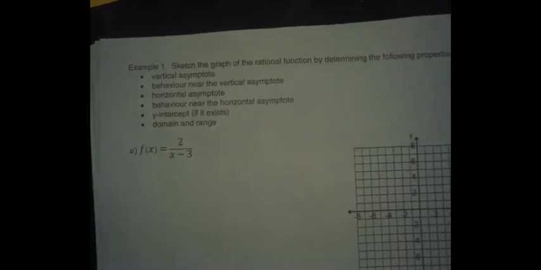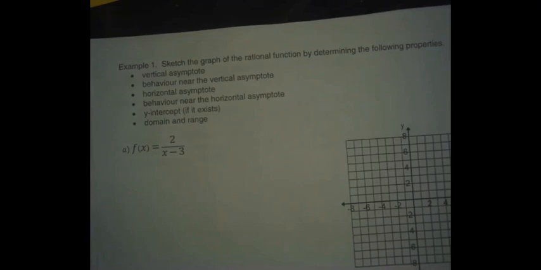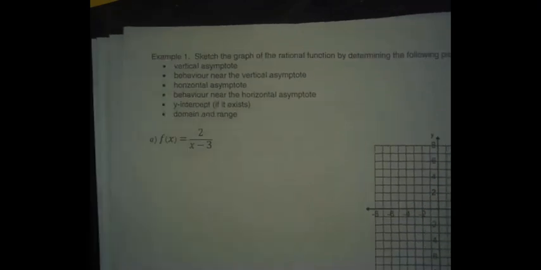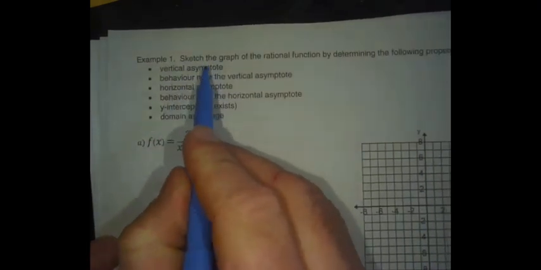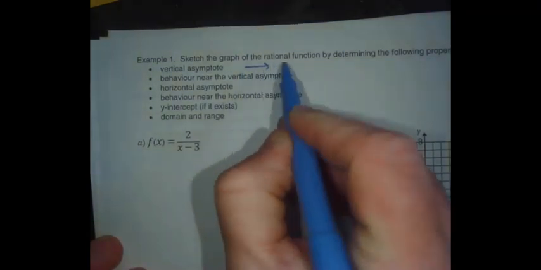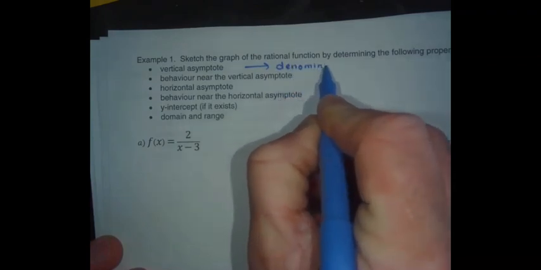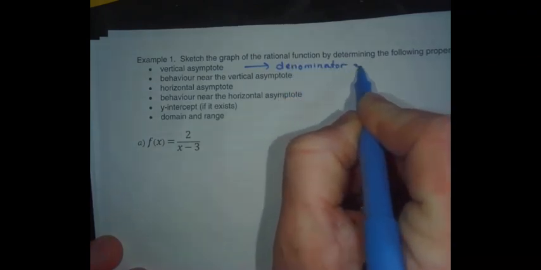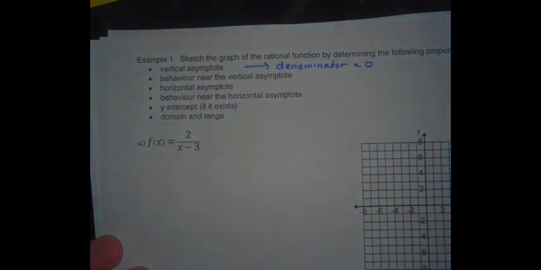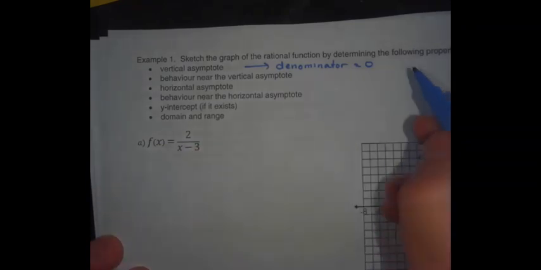So I've got this function y equals 2 over x minus 3. The first thing we want to think about is what is the vertical asymptote? What the vertical asymptote really means is where the denominator equals 0. So what are some x's that I can insert there where it's not valid?